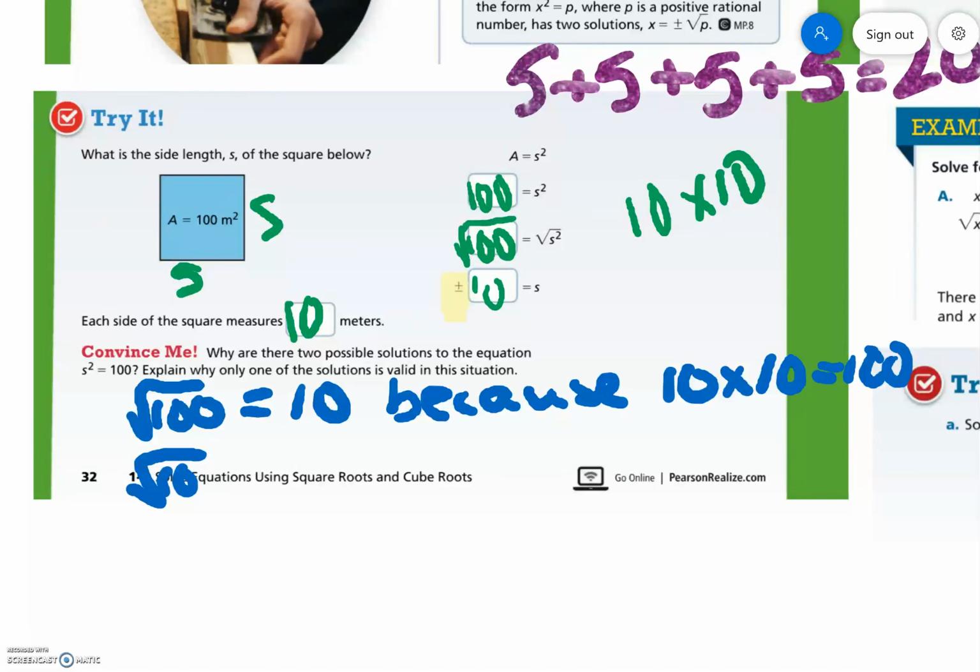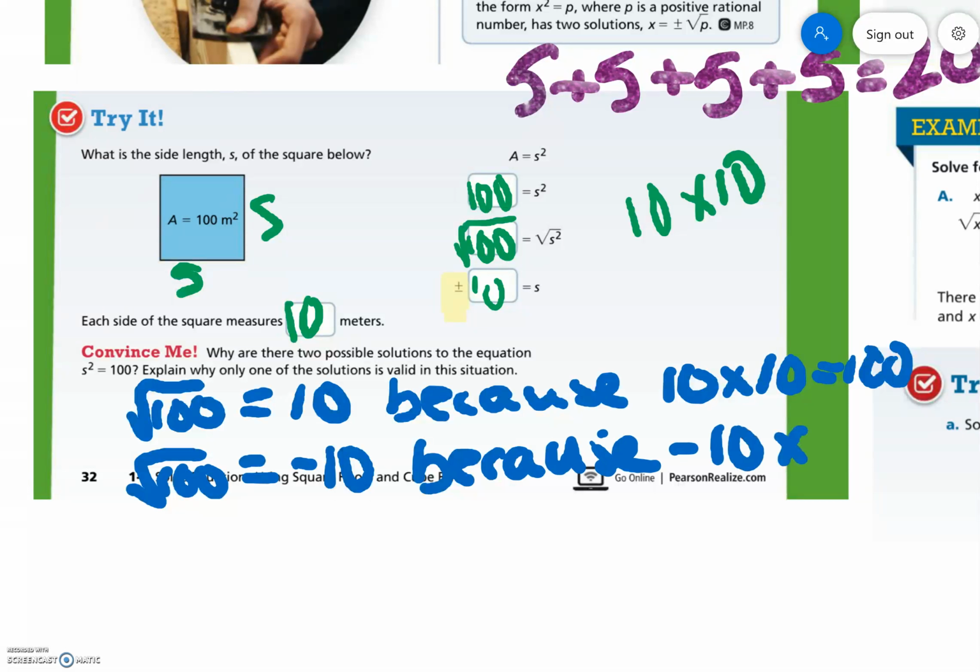The square root of 100 could also equal negative 10 because negative 10 times negative 10 also equals 100, because a negative times a negative equals a positive. Okay? But only one of the solutions is valid because you can't have a negative side length.